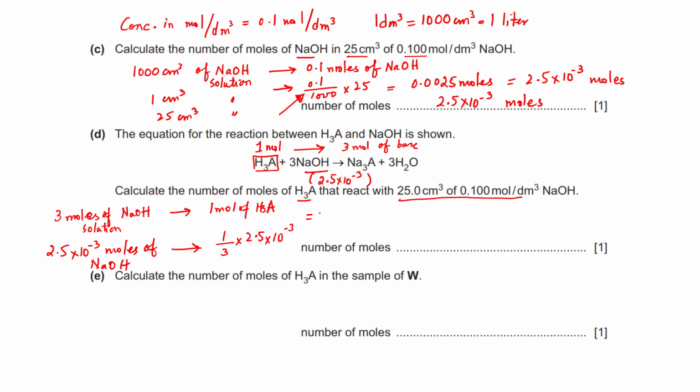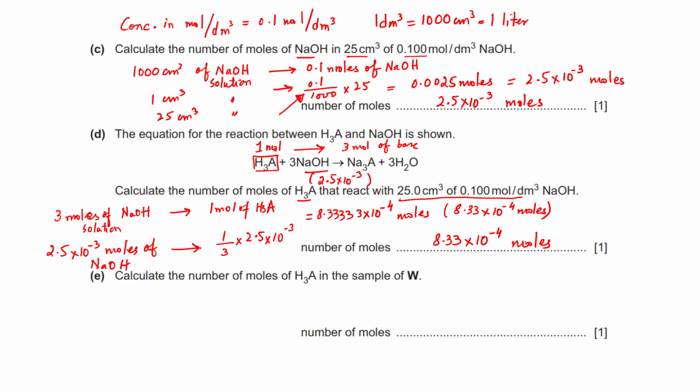So this value comes out to be 8.33333 and so on times 10 to the power minus 4 moles. So remember, in our exam, we have to go to two significant figures. So the good value will be 8.33 times 10 to the power minus 4 moles. Okay, so this is what we will write here: 8.33 times 10 to the power minus 4 moles.